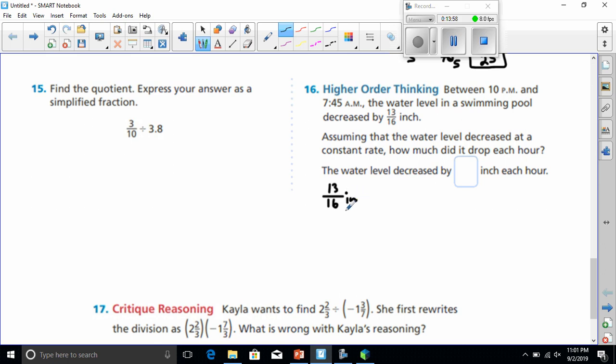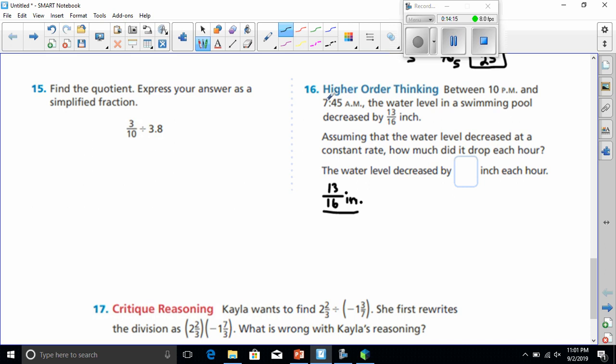Okay, and we have to put time on the bottom. Since we can't put it in hours, with 7:45 we could put it in quarter hours.